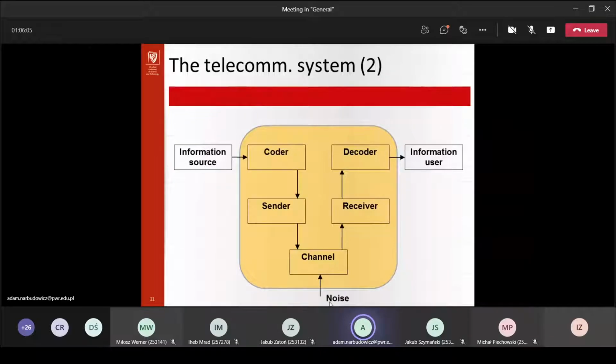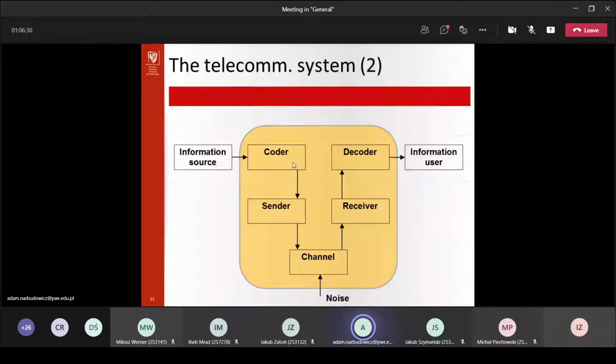So basically this is a more detailed description of the system. We broke down the transmitter into encoder and sender. Okay, so again, going back from the information source, the encoder is what would process your information.